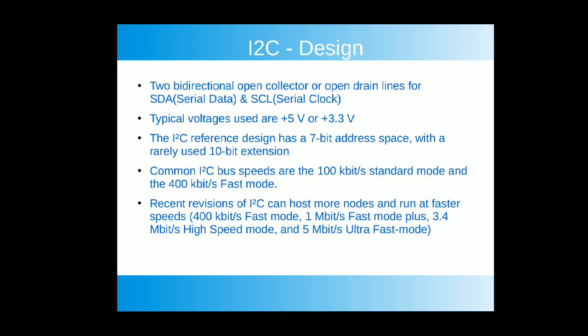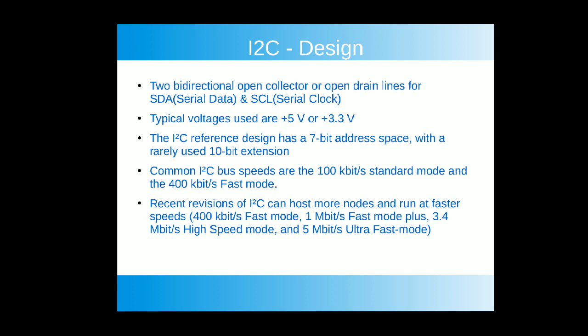architecture. For accessing various slave devices, the I2C protocol uses a 7-bit address space, and rarely it uses a 10-bit extension for the address. If I2C uses a 7-bit address space, it can access up to 2^7 or 128 devices. If I2C uses a 10-bit extension, then it can access up to 2^10 or 1024 devices.